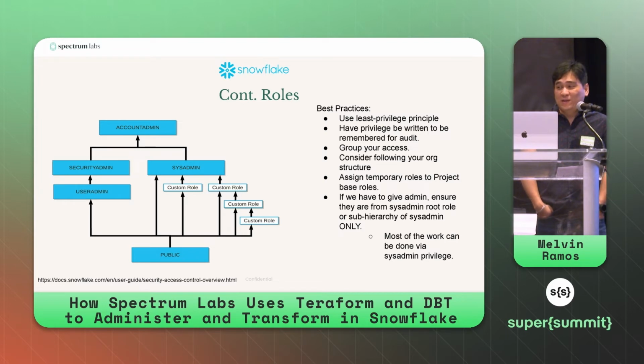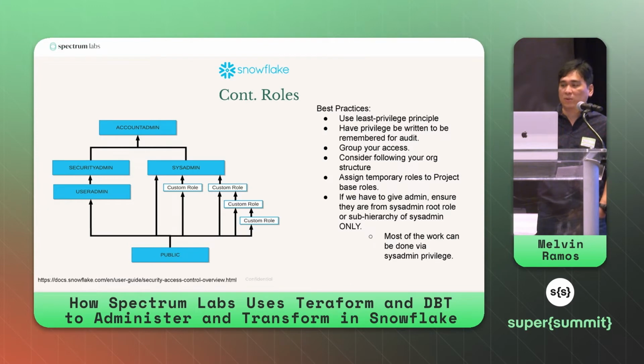Obviously, a privilege needs to be remembered for audit, so it needs to be written somewhere. In the past, when we had a database administrator, he had big notes of documentation where he put everything. So obviously, it's better to put it in a group access. So group access is really now becoming the role, right?